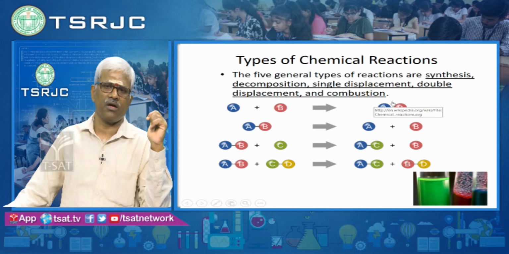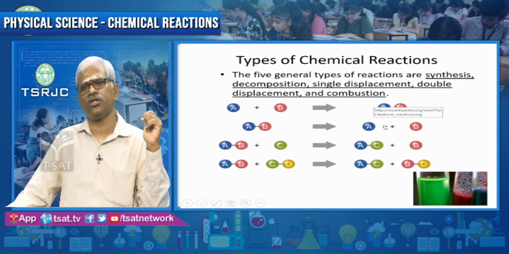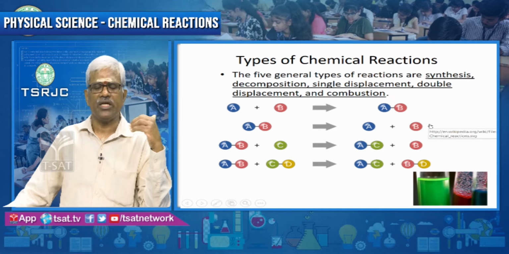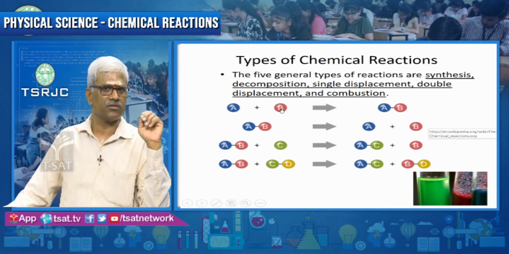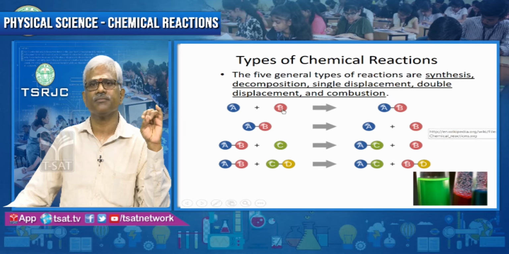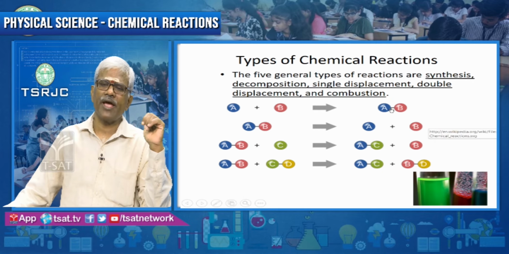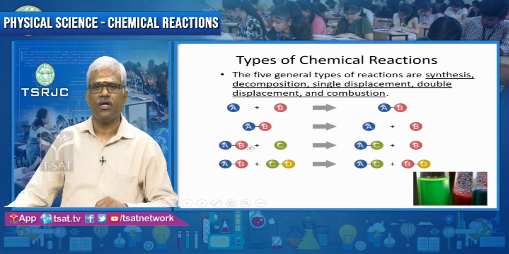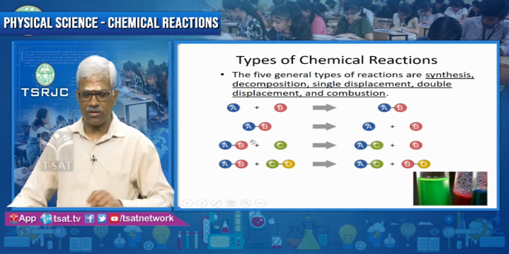Water on electrolysis it will dissociate into hydrogen and oxygen. In such cases it will happen. For example, if you consider carbon and oxygen, the combustion of carbon, you will not get back carbon and oxygen from carbon dioxide. It is not reversible.